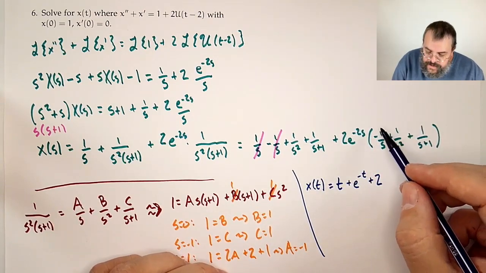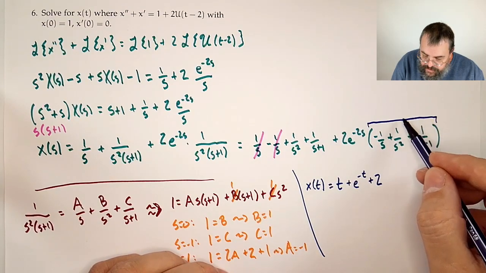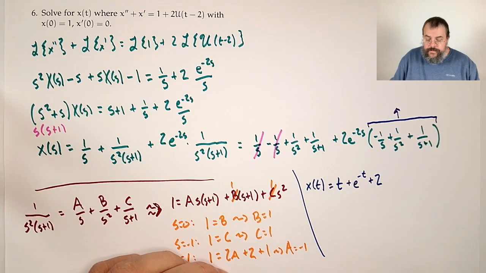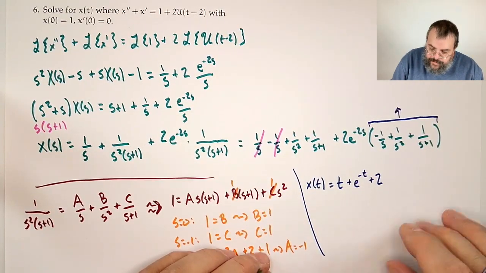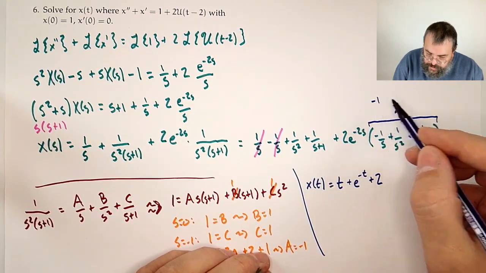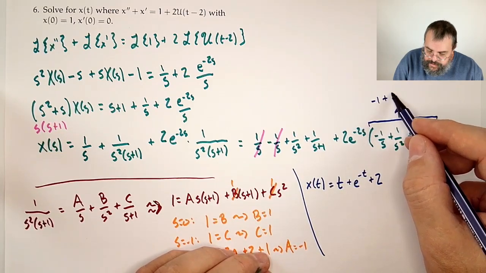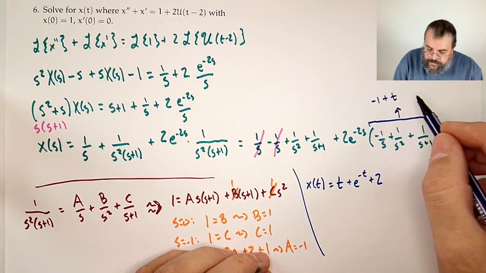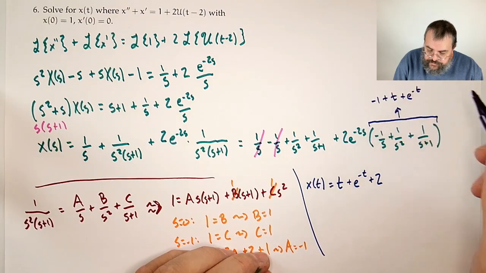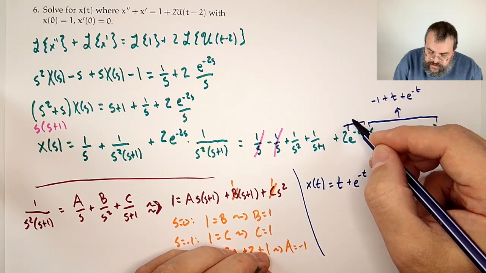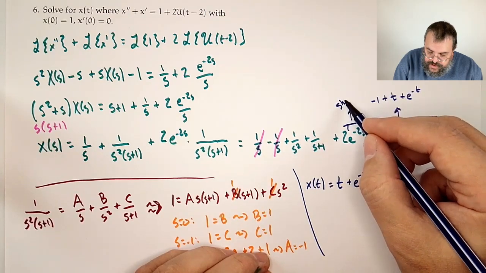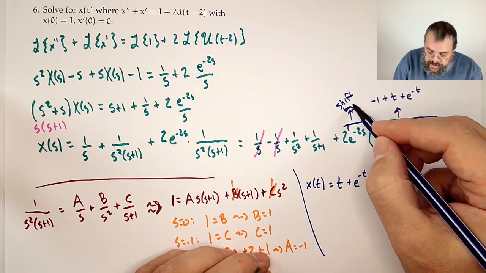Now, normally, this part right here, if we didn't have any other information, if we just saw that by itself, well, minus 1 over s would become minus 1. 1 over s squared would become plus t. And 1 over s plus 1 would be e to the minus t. Now, this part right here, the e to the minus 2s, is telling us to shift over by 2.